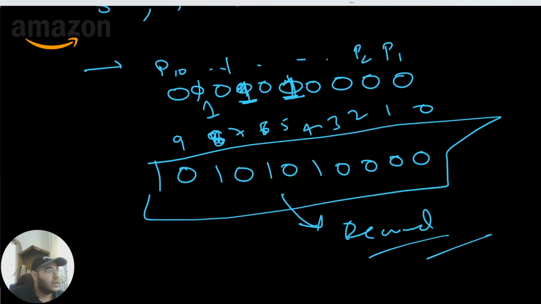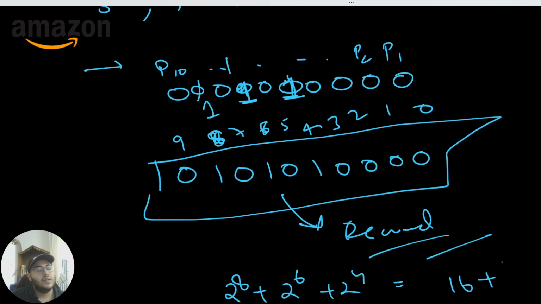Now if you sum up 2 to the power of 8 plus 2 to the power of 6 plus 2 to the power of 4, which is 16, and 16 times 4 is 64. Then 2 to the power of 8 is 256.